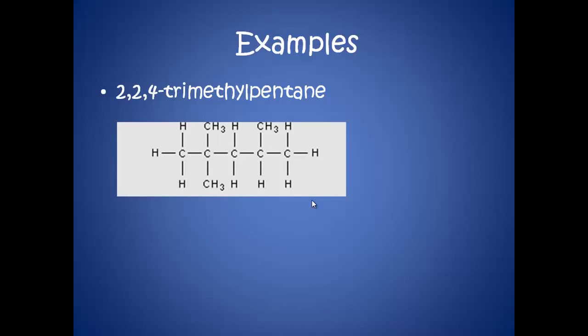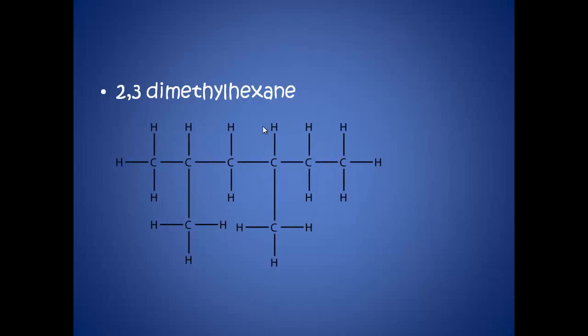We have more examples. 2,3-dimethylhexane. First, we pay attention to the basic structure, that is hexane. So we must have 6 carbons in a line. Here we have the 6 carbons, and then on carbons 2 and 3 we must put a methyl.